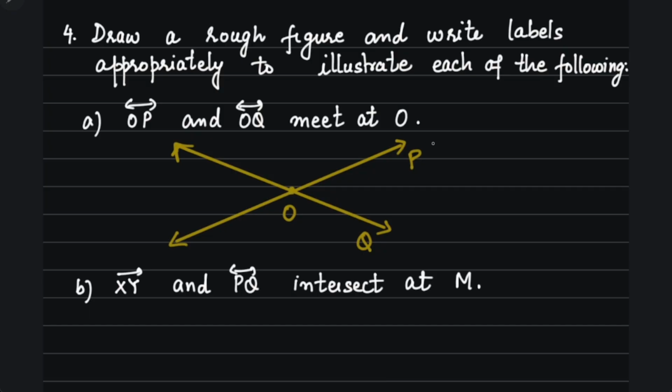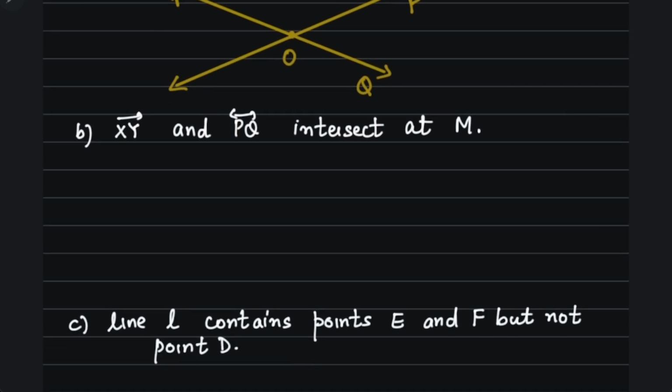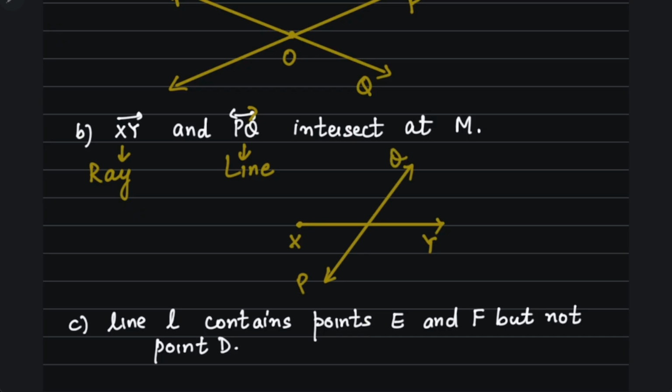It moves endlessly in one direction. XY is a ray and PQ is a line, and they intersect at M. So just draw, first we draw X, Y, and there is a line PQ, which intersects at M.